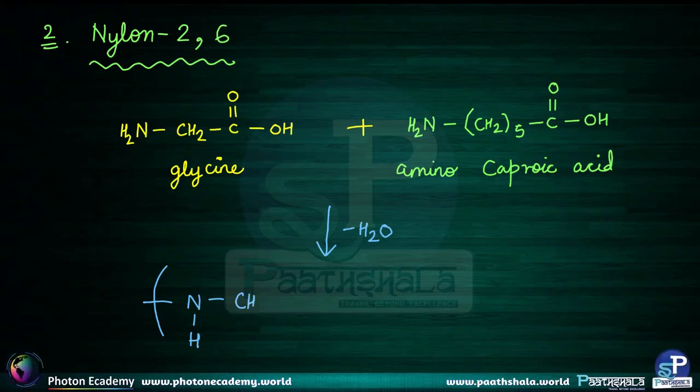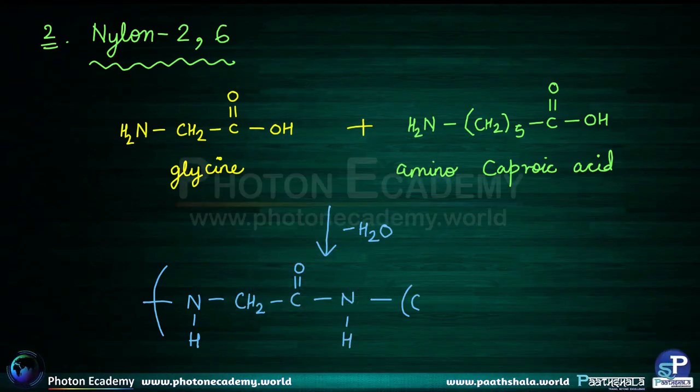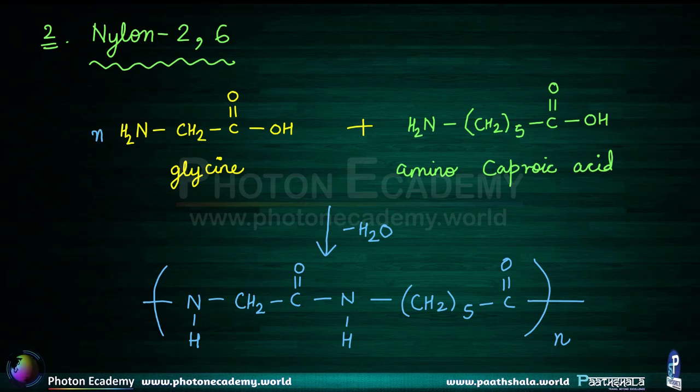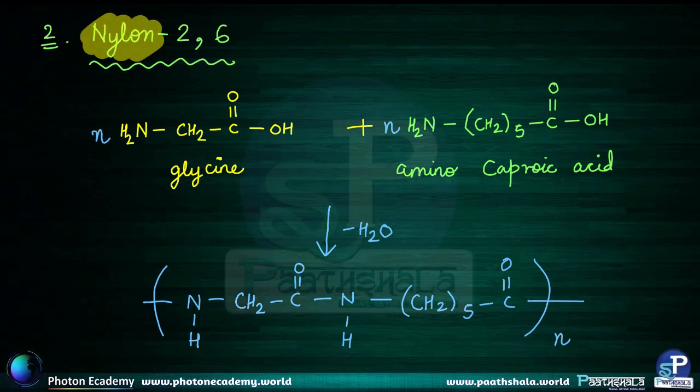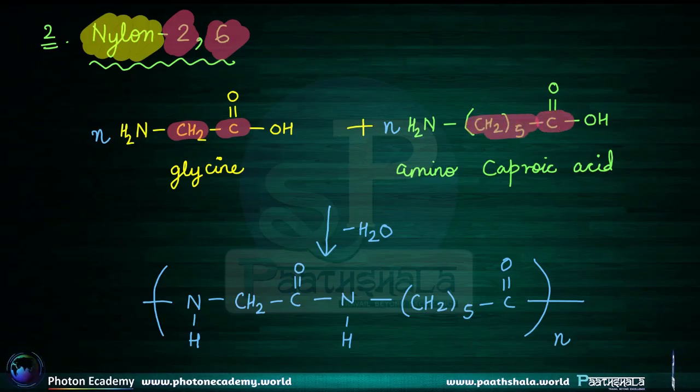CH2, C double bond O, NH, CH2 whole 5, C double bond O, OH is lost, and we have n units of this. So both of them are combining to give us nylon 2,6. The 2 refers to the 2 carbon atoms from glycine, and the 6 refers to the 6 carbon atoms from aminocaproic acid. So this leads to the formation of nylon 2,6, which is a biodegradable polymer.